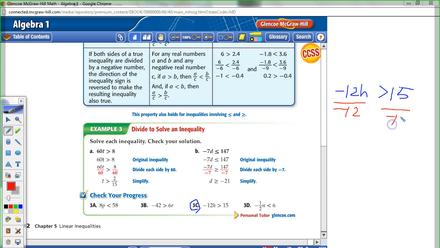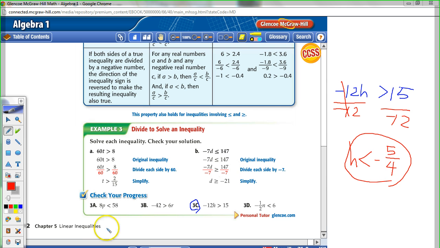So when you're dividing by a negative, you're going to have to flip the sign. So now it's less than 15 over negative 12, which, if you simplify, 3 goes in 5 times, 3 goes in 4 times. So negative 5 over 4.